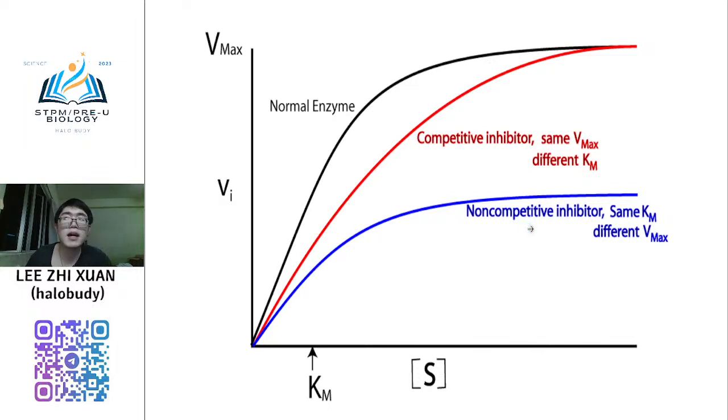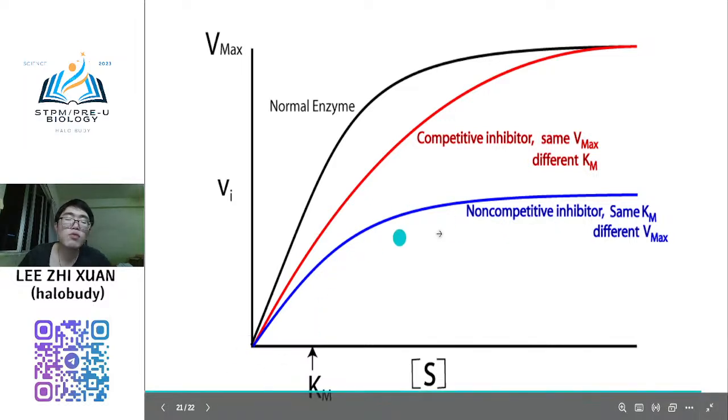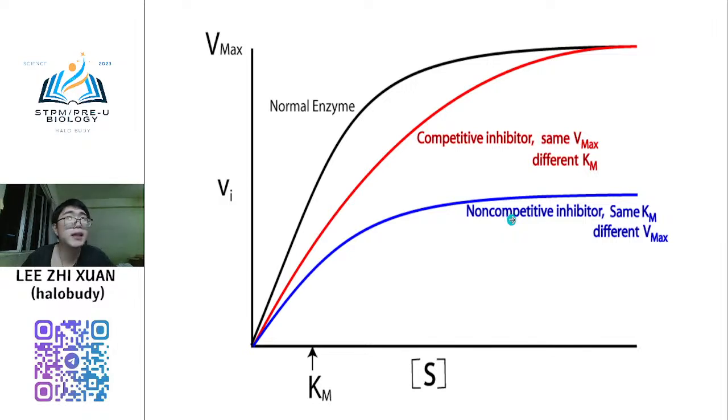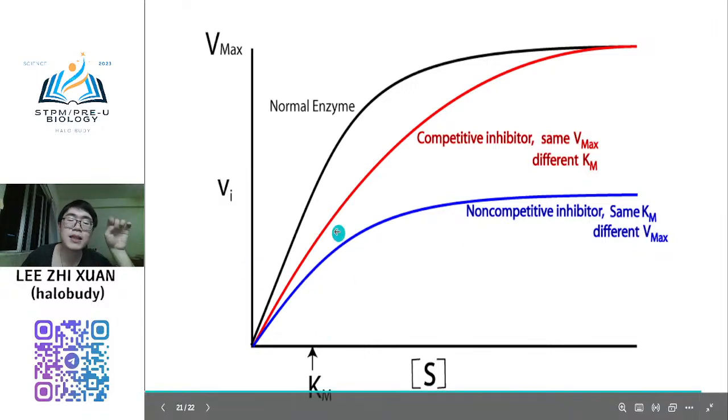The enzyme has already changed shape, the active site is totally changed, so it cannot go back to the original one. So the working enzyme only has 80 at maximum. Compared to the normal enzyme, your maximum enzymatic reaction will totally decrease, so your Vmax will totally decrease. But your Km is still the same.